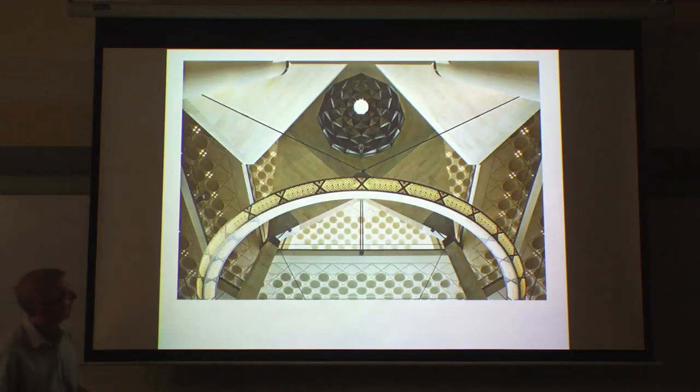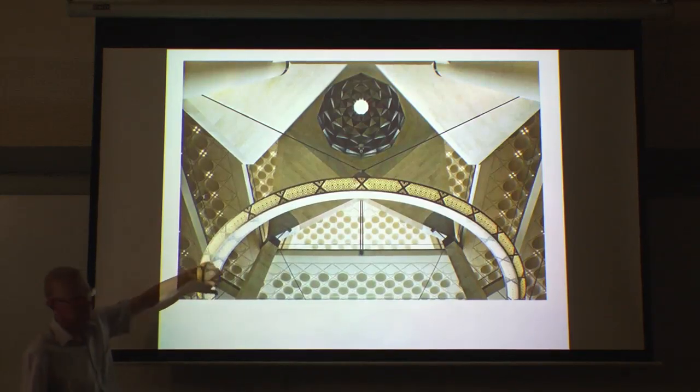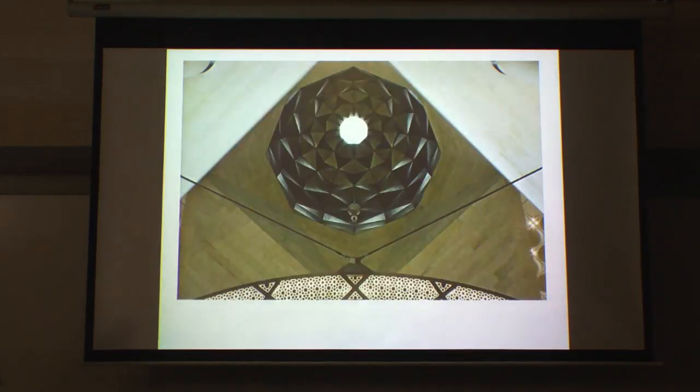So there is, in fact, some elaborate geometric patterning on this chandelier. And you can see 2 of the pseudo-pendentives that partially lead towards the dome. And the dome itself is also quite spectacular with another reinterpretation of Muqarnas.